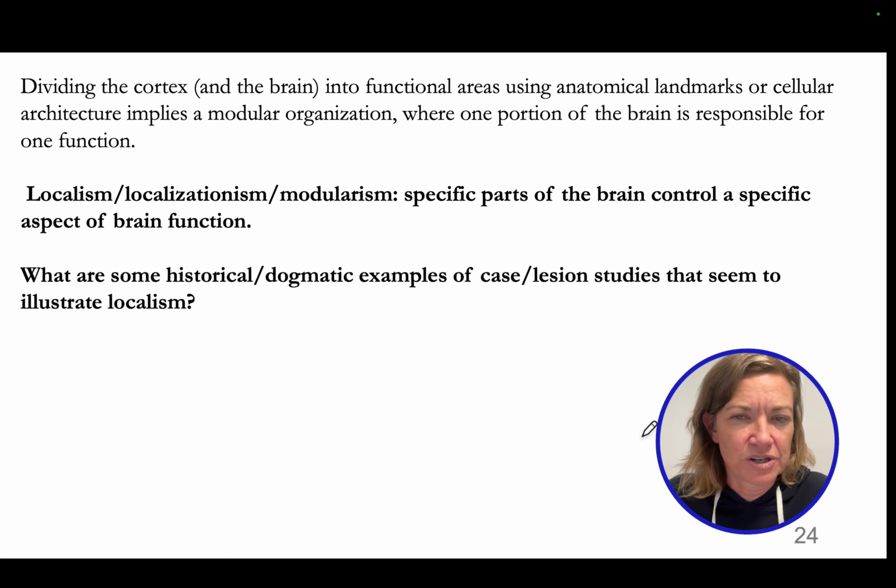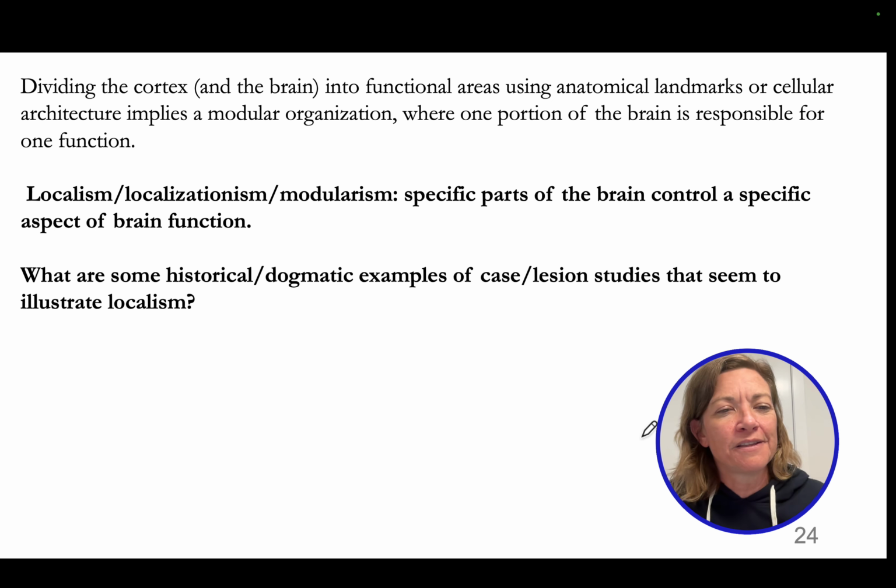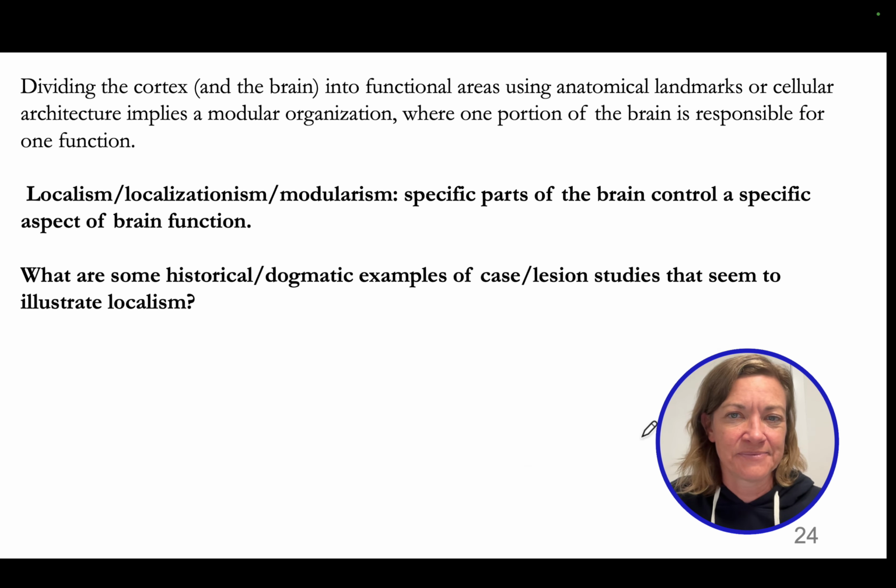You might hear all three terms used interchangeably. And this sort of model of brain function dictates that specific parts of the brain control a specific aspect of brain function. And so I'd like you to think about some historical or dogmatic examples of case or lesion studies that seem to illustrate localism, that seem to indicate that this is indeed the case.